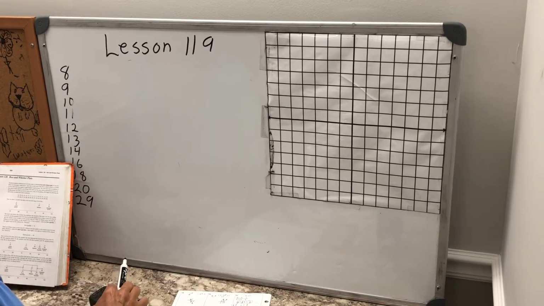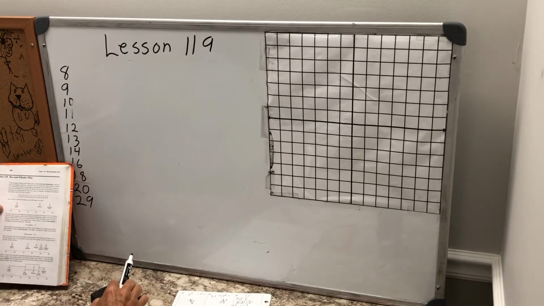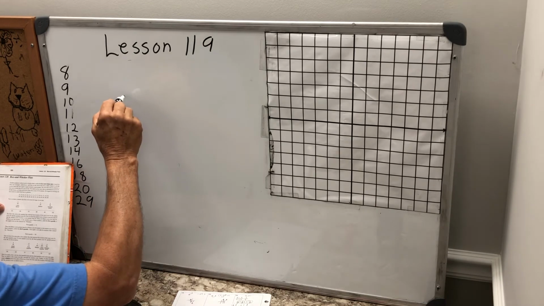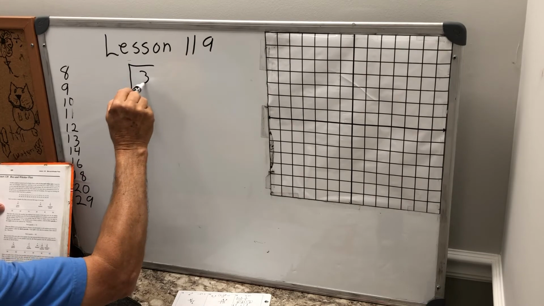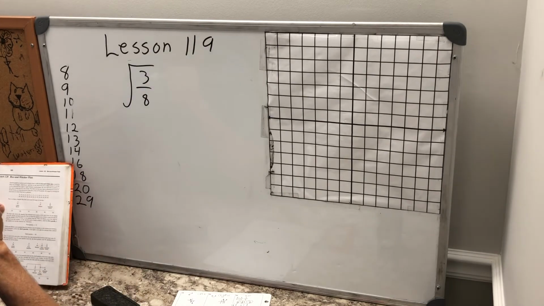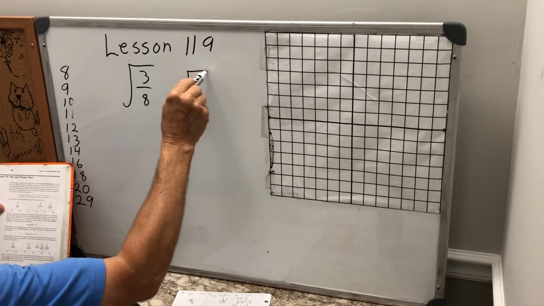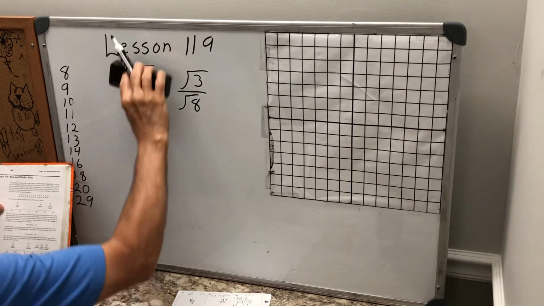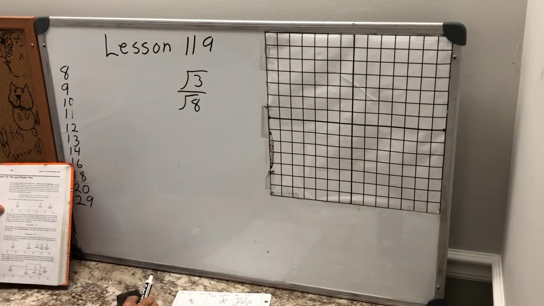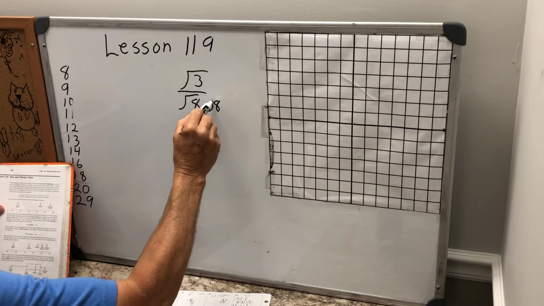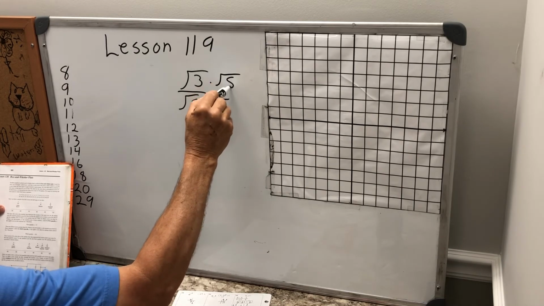That was 14. We're doing 16. Why 16? I thought you might need reminding. This is a 3/8. First thing we do in this, we separate the square roots. So we've got square root of 3 over the square root of 8. Do we multiply this times the square root of 8 and this times the square root of 8?